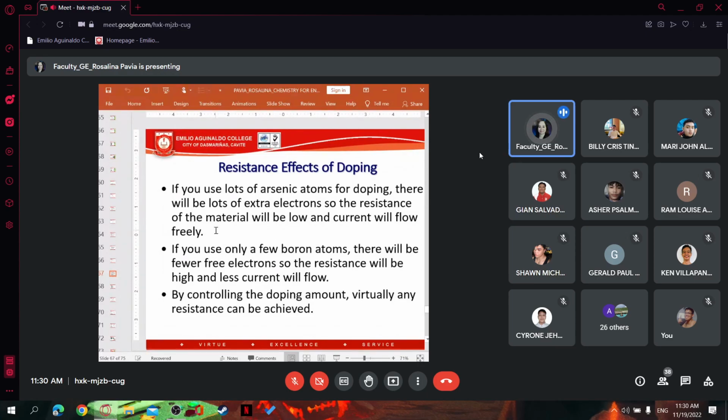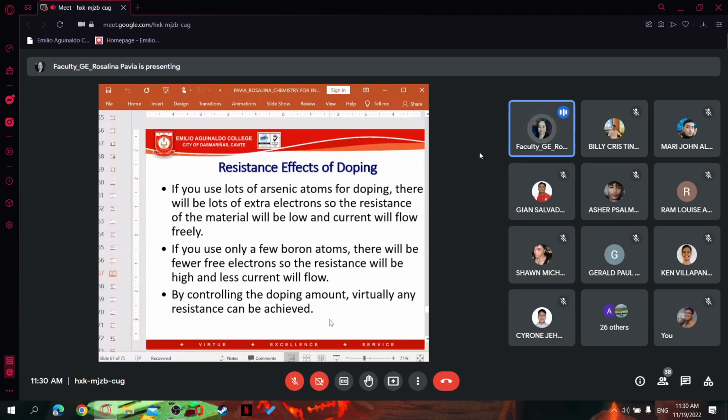So the resistance of the material will be low and current will flow freely. If you use only a few boron atoms, there will be fewer free electrons, so the resistance will be high and less current will flow. By controlling the doping amount, virtually any resistance can be achieved.